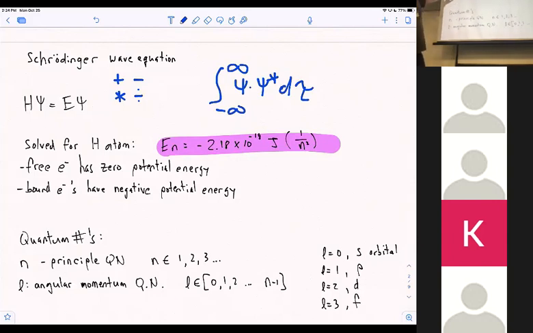So start off with electrons. We say that a free electron has zero potential energy. So we have an electron sitting in space, and it has zero potential energy. When you bind it to an atom, the electron loses energy versus free, and then we say the bound electron has negative potential energy.